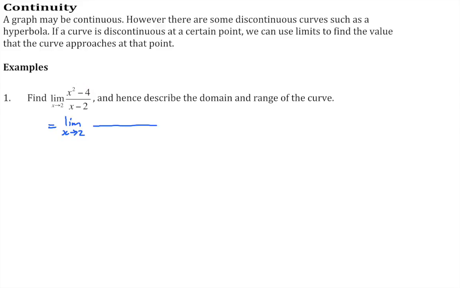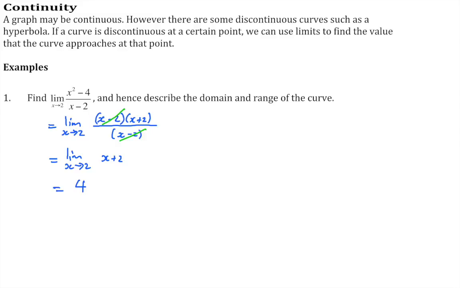That's a difference of 2 squares. So it's x take 2 times x plus 2, and on the bottom I have an x take 2. I can see that there's some cancellation going to take place there, which equals the limit as x approaches 2 of x plus 2. That's all that's left. Well, now I can plug in an x value of 2. 2 plus 2 is 4.